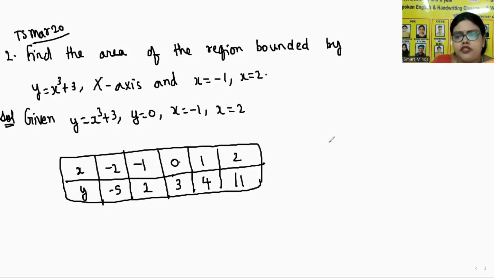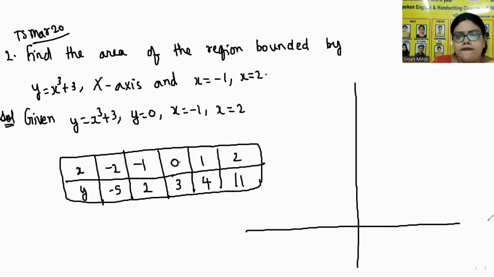Now again we need to draw a figure. -2, -1, 0, 1, 2, 3. Wait a minute, we have -5 also, right?